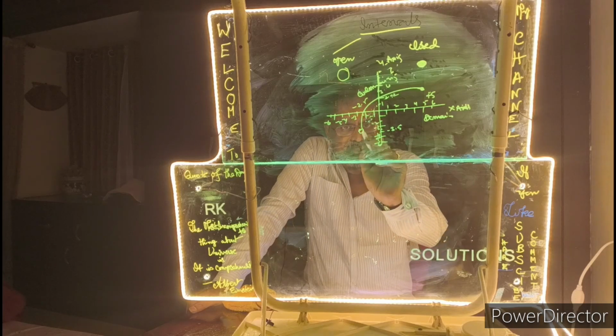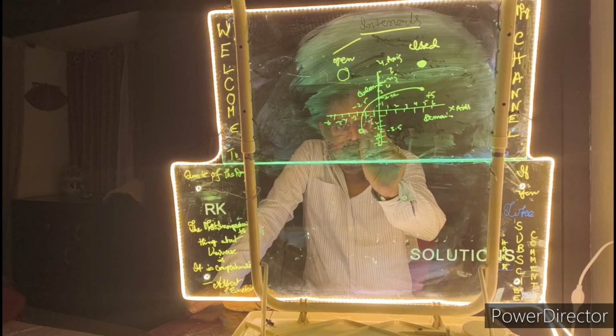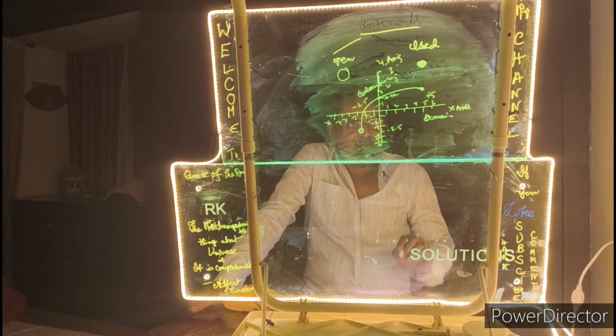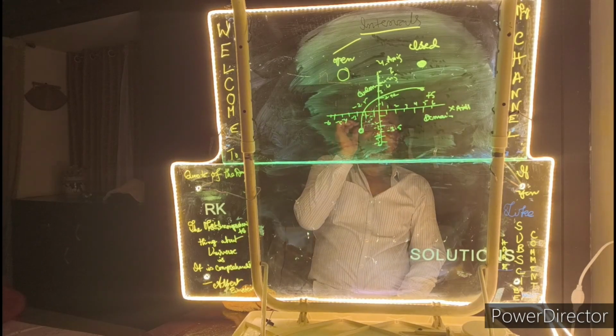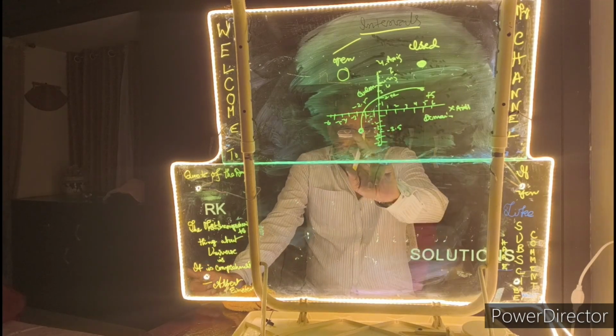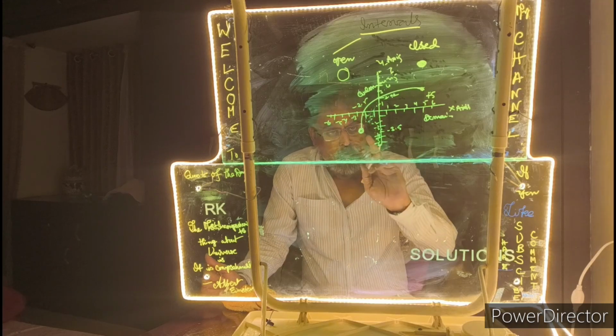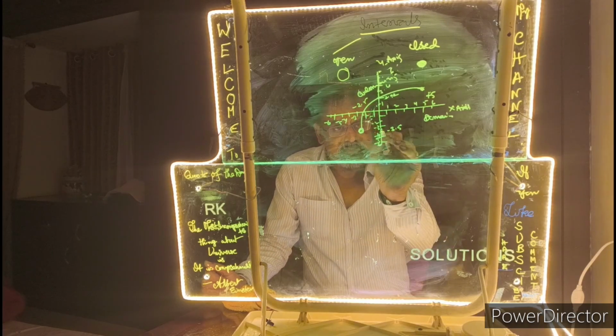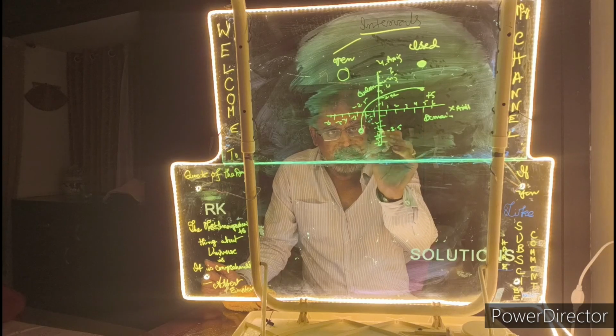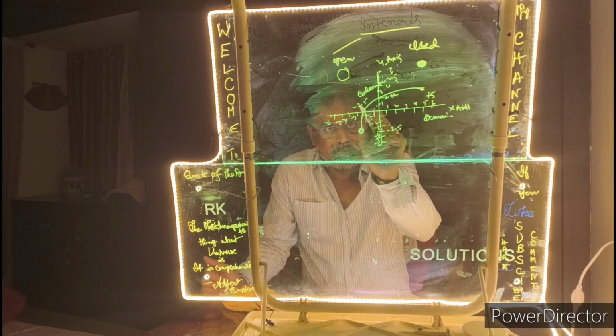Now, if there is a function like this, which is open at this end and closed at this end, what does it mean? This is open. Open interval does not include these values. In the sense, here 3.5, here minus 2.5.